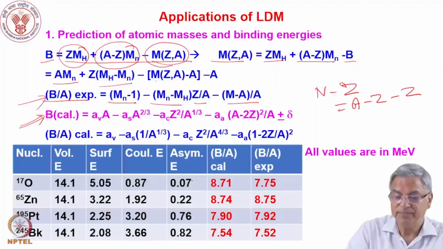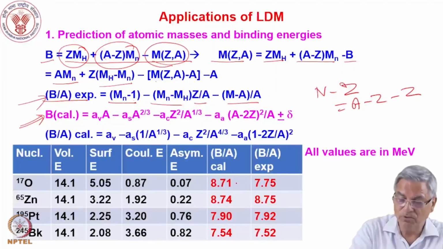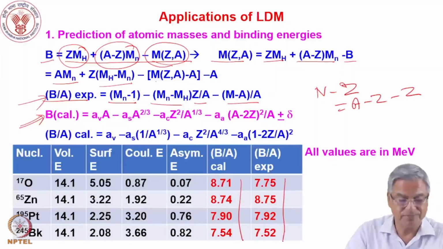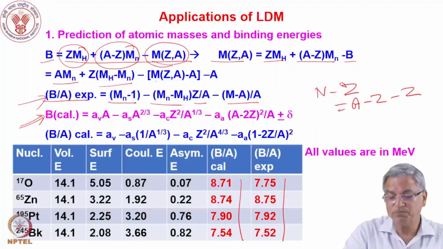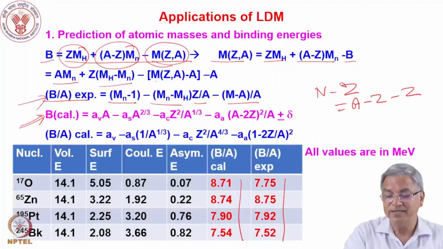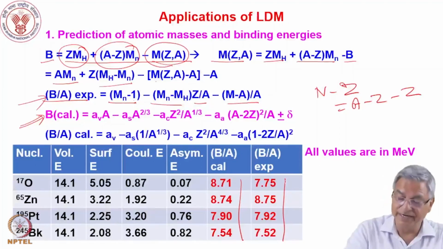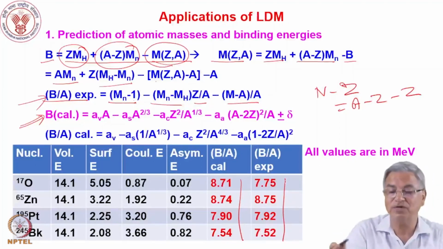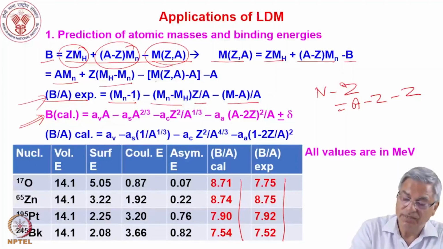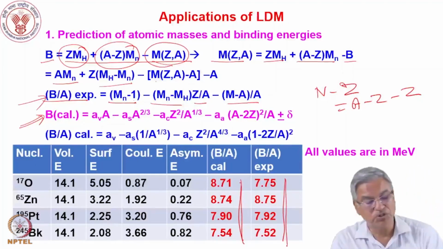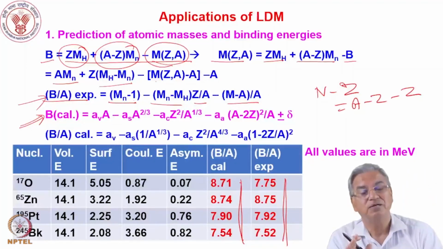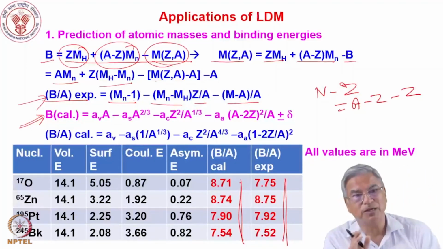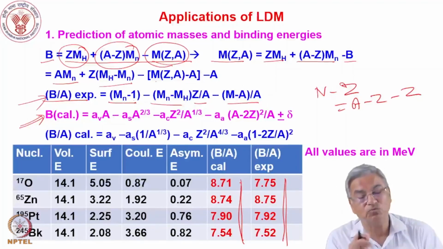Then asymmetry energy, then the binding energy per nucleon, calculated and experimental. So what you can see here is that it is quite accurately predicting the masses or the binding energy. Once you know binding energy, you can calculate the masses also. The calculated and the experimental binding energies are very close to each other. So that explains the success of the liquid drop model in explaining the masses of the nuclei.